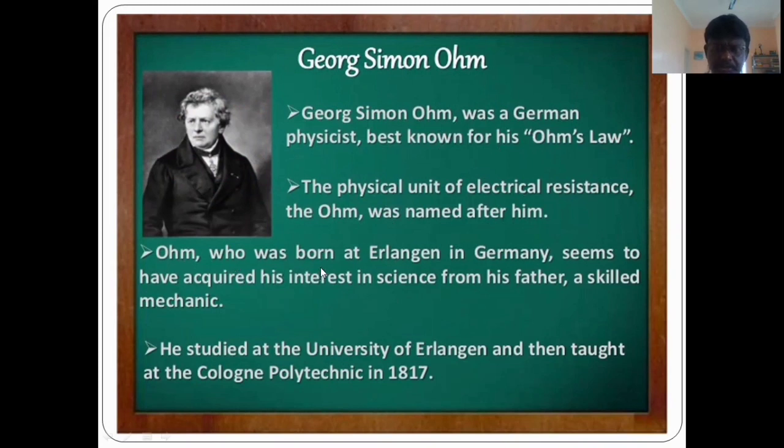Ohm, who was born in Erlangen in Germany, seems to have acquired his interest in science from his father, a skilled mechanic. He studied at the University of Erlangen and then taught at Cologne Polytechnic in 1817.